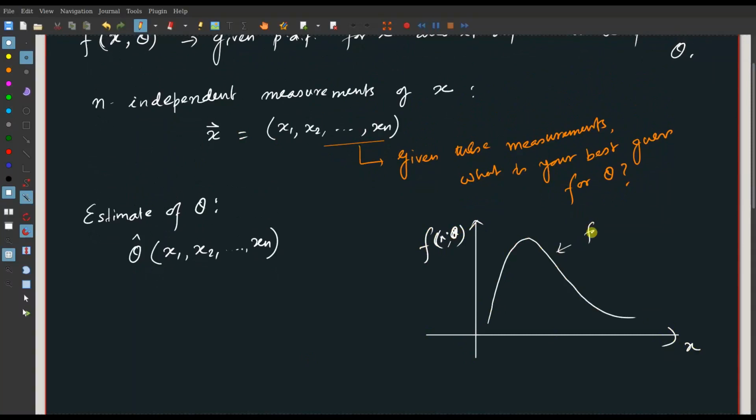For a particular value of theta, you get such a distribution. And remember, you are measuring this only for a finite time.